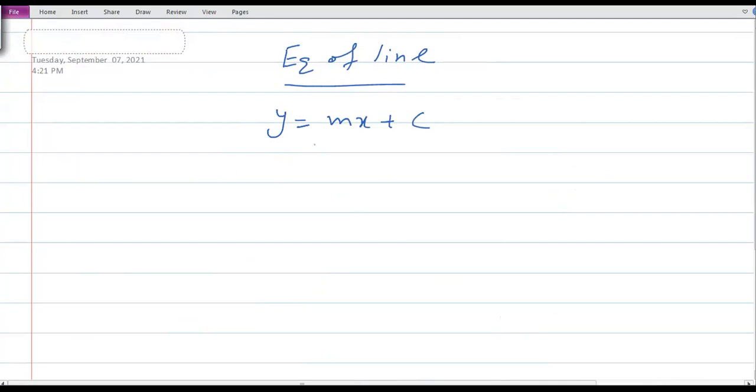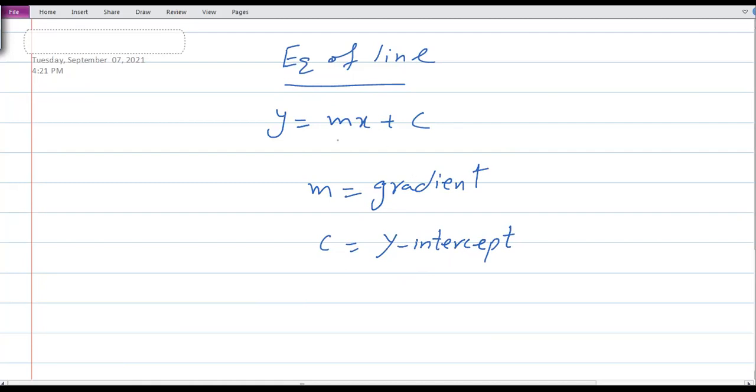This is called the equation of a line. What is m? m is the gradient of the line, and c is the y-intercept of the line. Y-intercept means where the line crosses the y-axis.